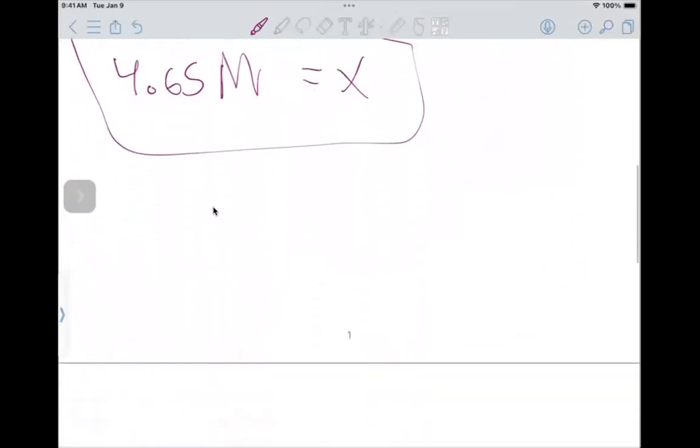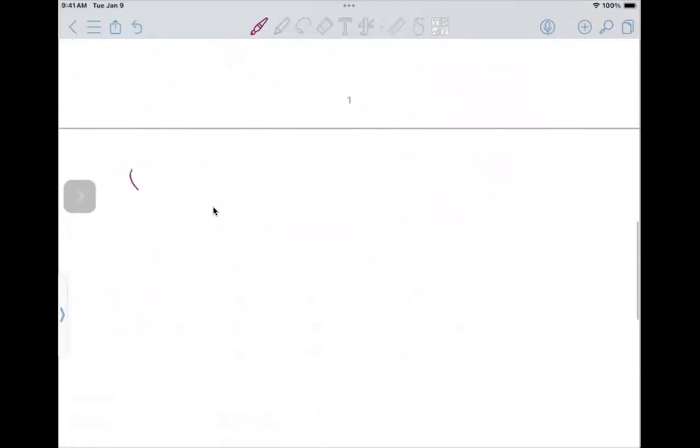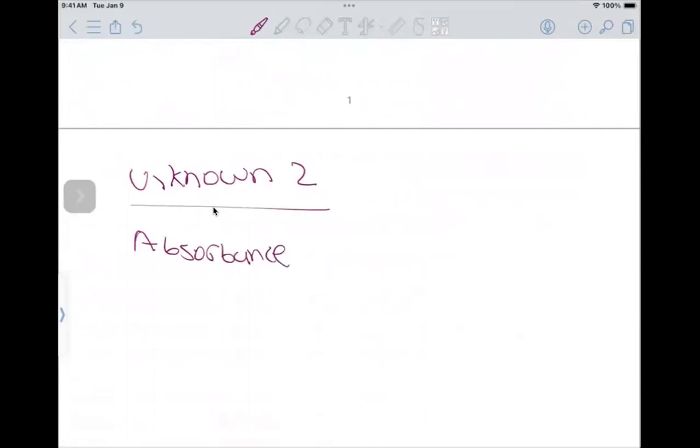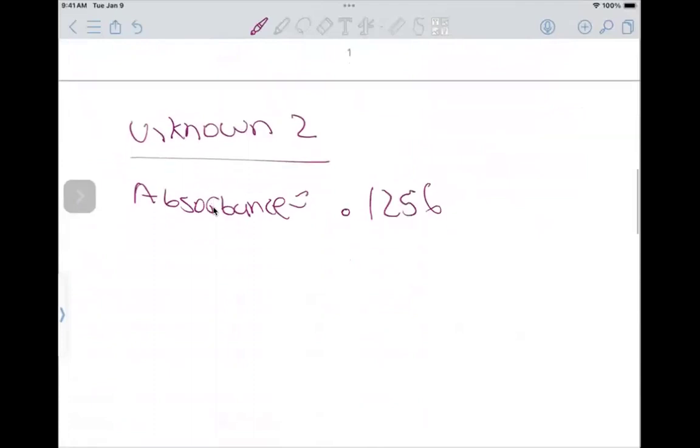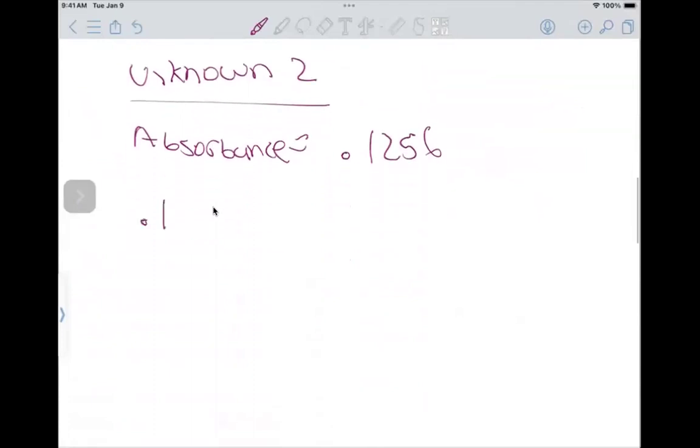So we can do that again for unknown 2, which had an absorbance of 0.1256. So we can plug that in for y on our line of best fit again.